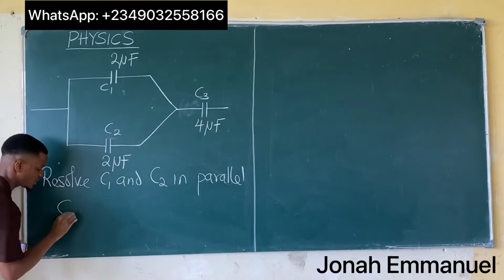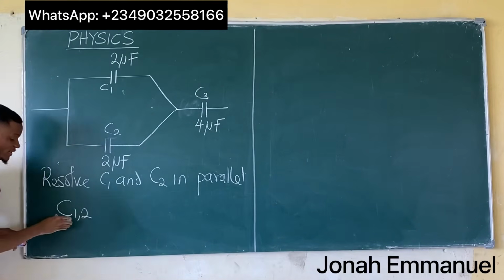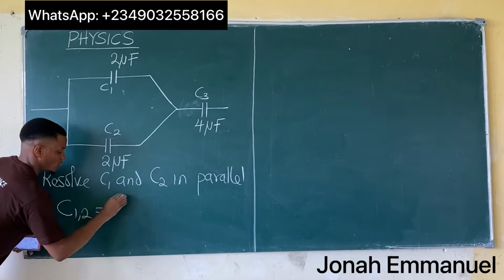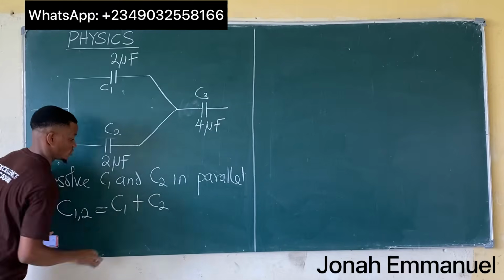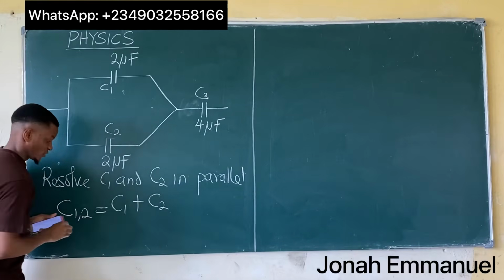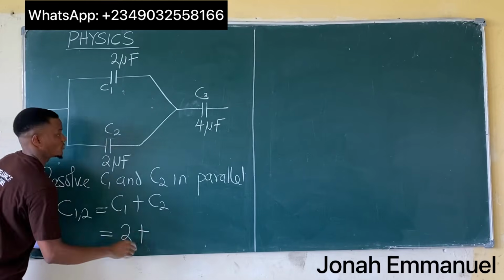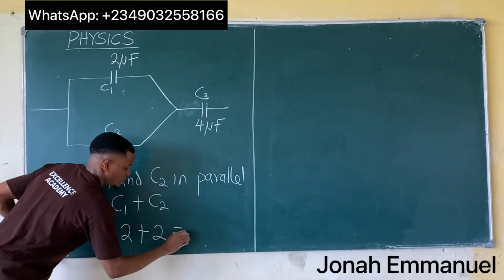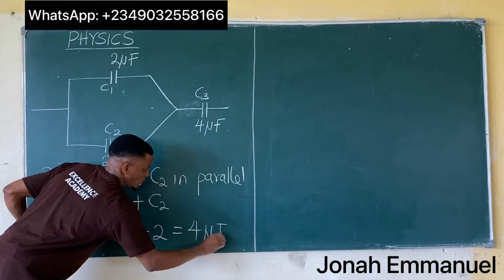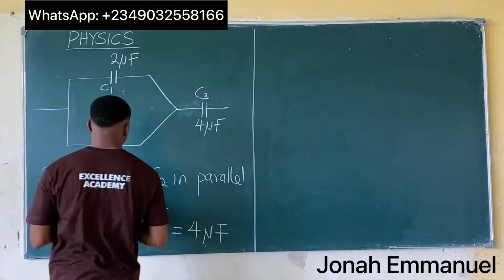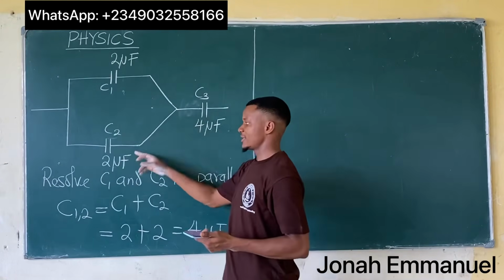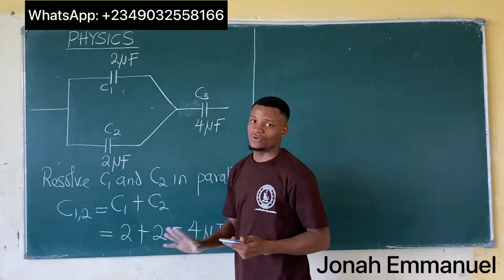So C12, the equivalent capacitance of C1 and C2, is equal to C1 plus C2 as we discussed earlier. This is equal to C1 is 2 plus C2 is 2. This gives you 4 microfarad. I don't really have to convert here because they are all in the same unit.